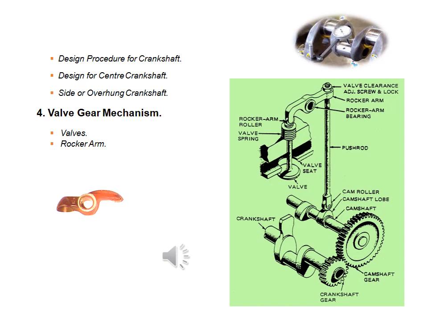Here you can see the detailed view of the whole assembly of a valve gearing mechanism, which consists of the valve, rocker arm, valve spring, push rod, and camshaft. So here you can see all the important related components of a valve gear mechanism.